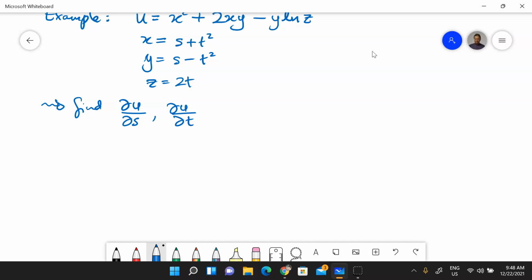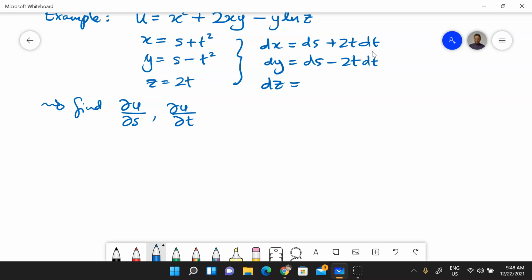So for the case of dx, let's do the simple one first. Here I would have dx equals ds plus 2t dt, dy equals ds minus 2t dt, and dz here is 2 dt.